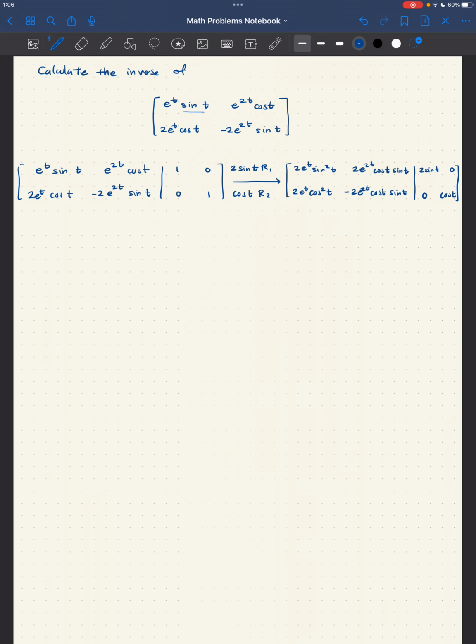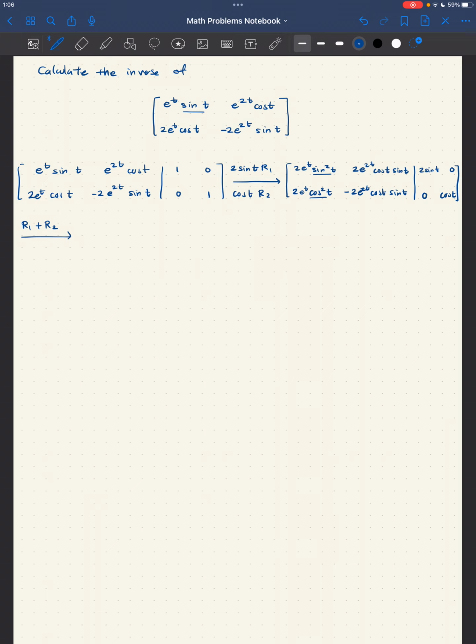Now, the next thing that I'm going to do is to row 1, I'm going to add row 2. That was the whole intention of performing these actions, because I want to utilize the fact that the sum of sine squared and cosine squared is equal to 1.